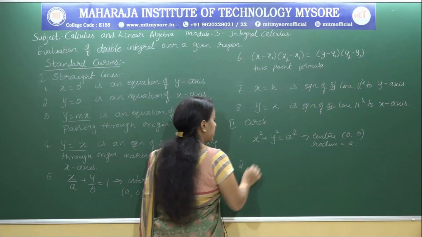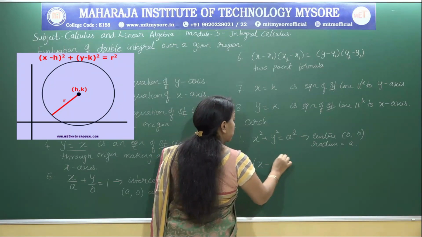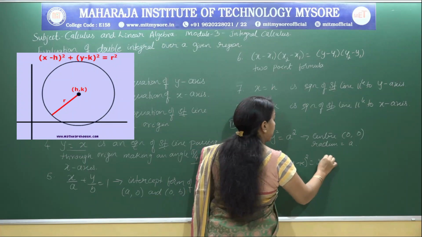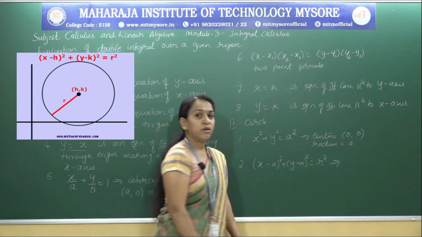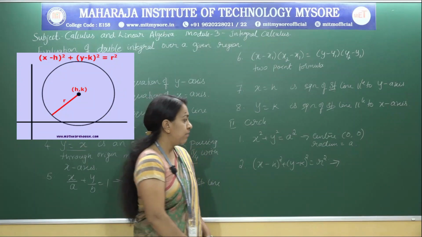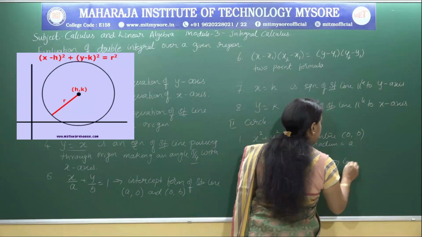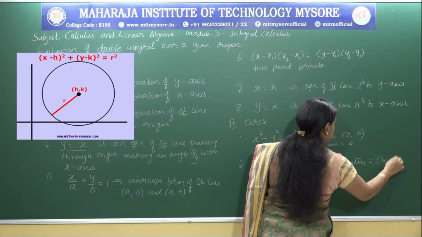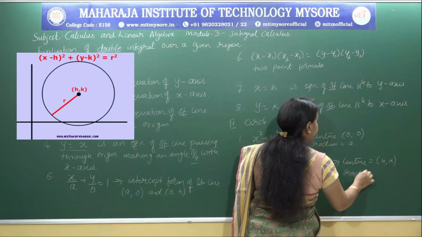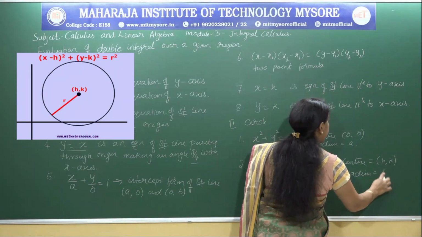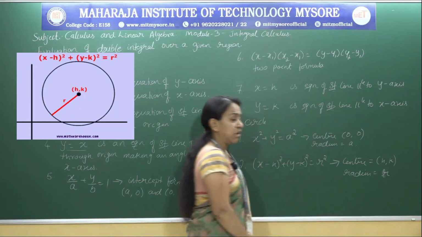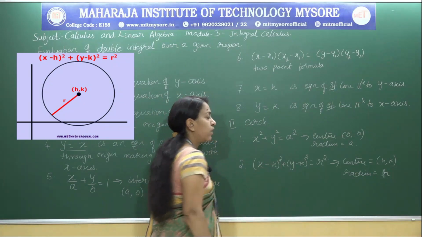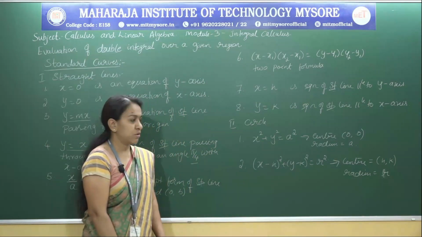Another one is the standard curve x minus h whole square plus y minus k whole square equal to r square. This is one more equation of the circle, where the center of the circle is h comma k and the radius is r. So if we have a center other than the origin, that means h comma k, then the equation of a circle is given by x minus h whole square plus y minus k whole square equal to r square.